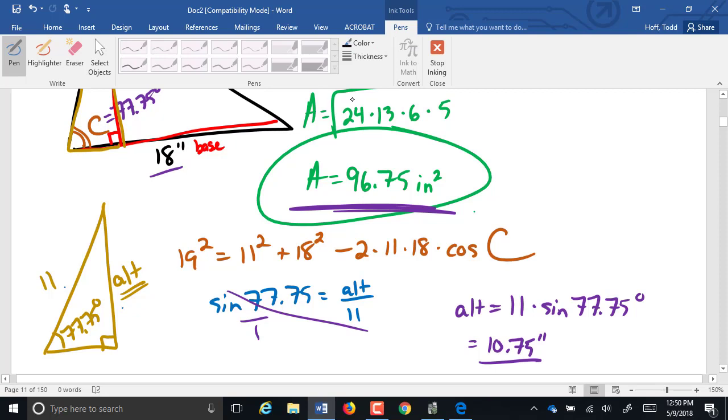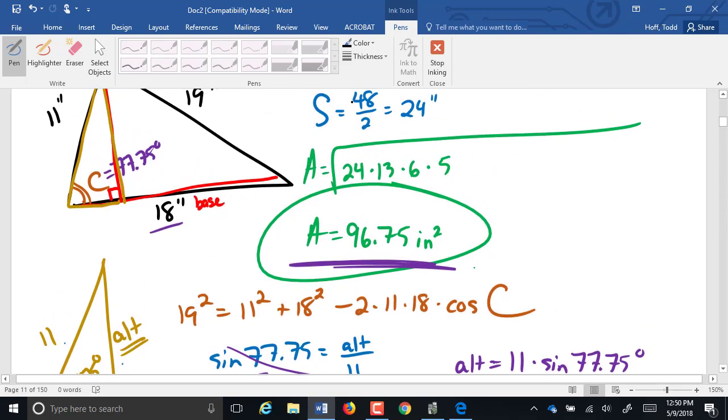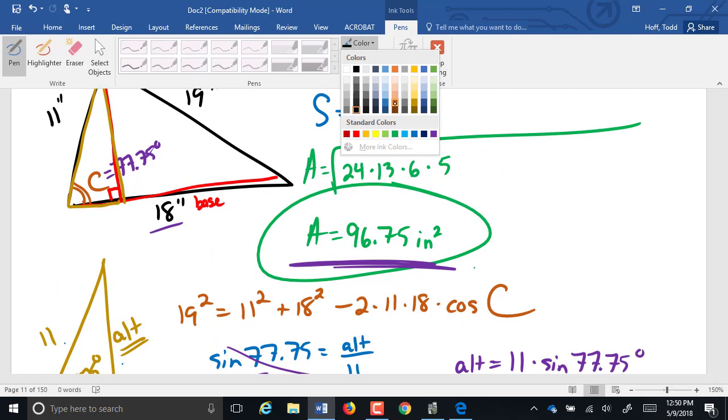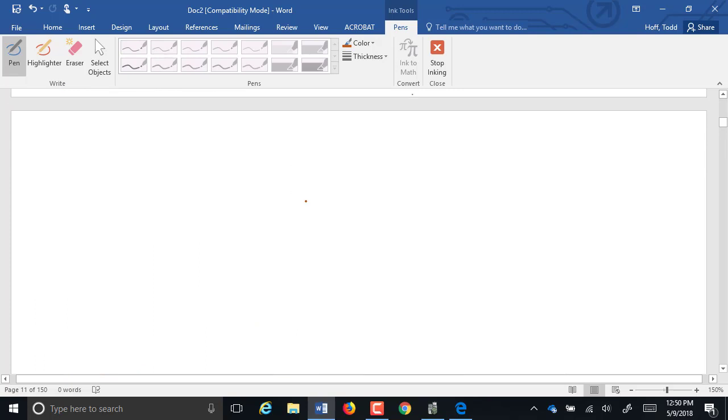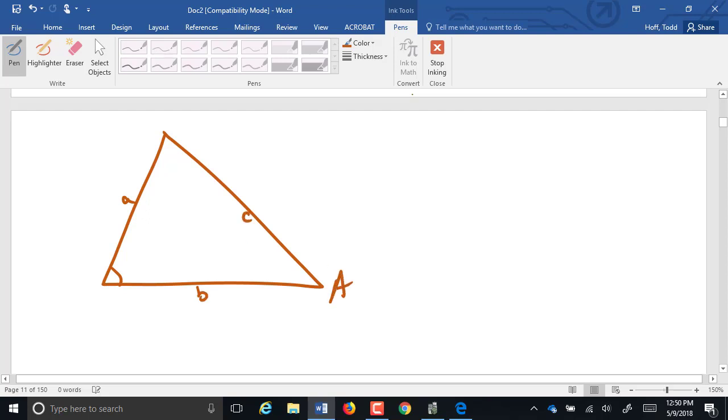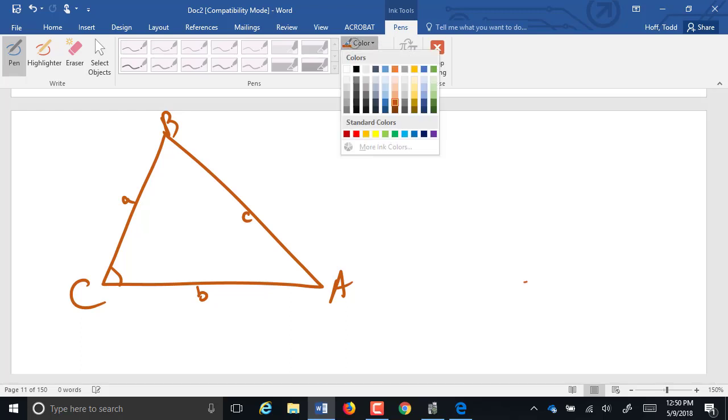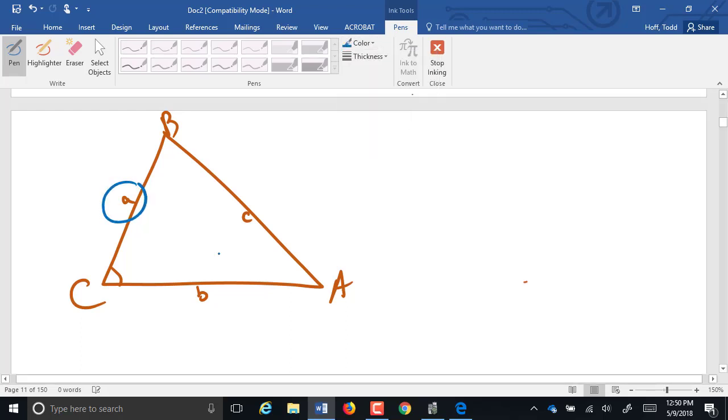Let's put this in general terms. The altitude can be found by just doing this side times the sine of this angle. So what that means is if I have a triangle where I have angles A, B, and C and sides A, B, and C, if I know side A and side B and angle C, that's the same information we needed for the law of cosines, right?